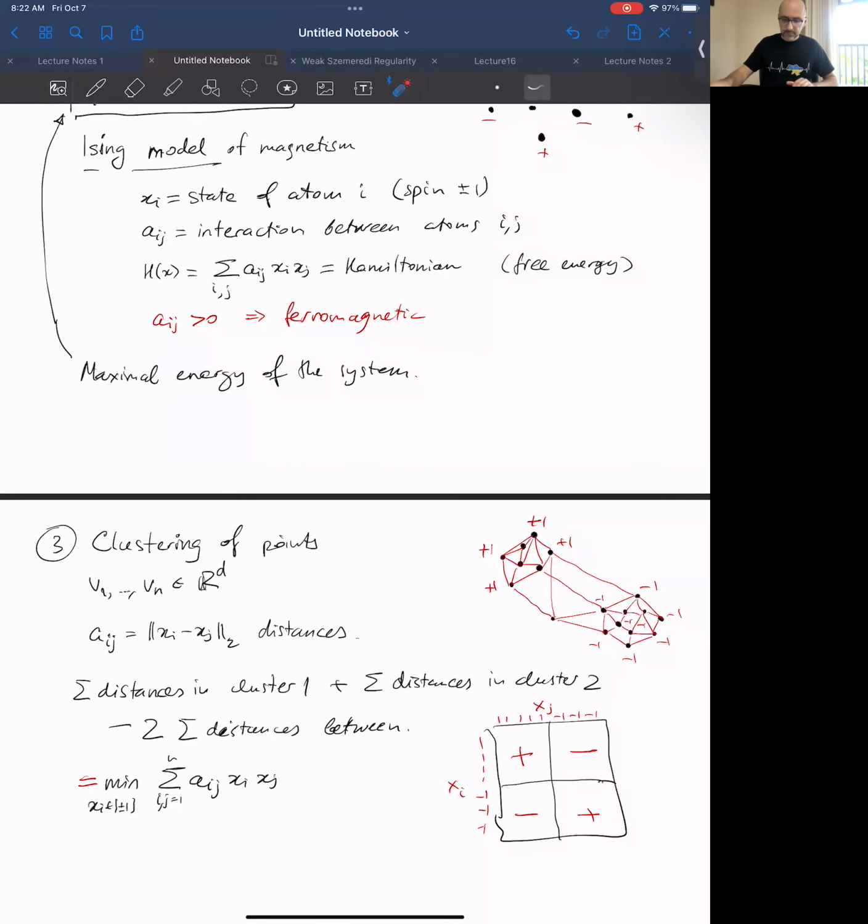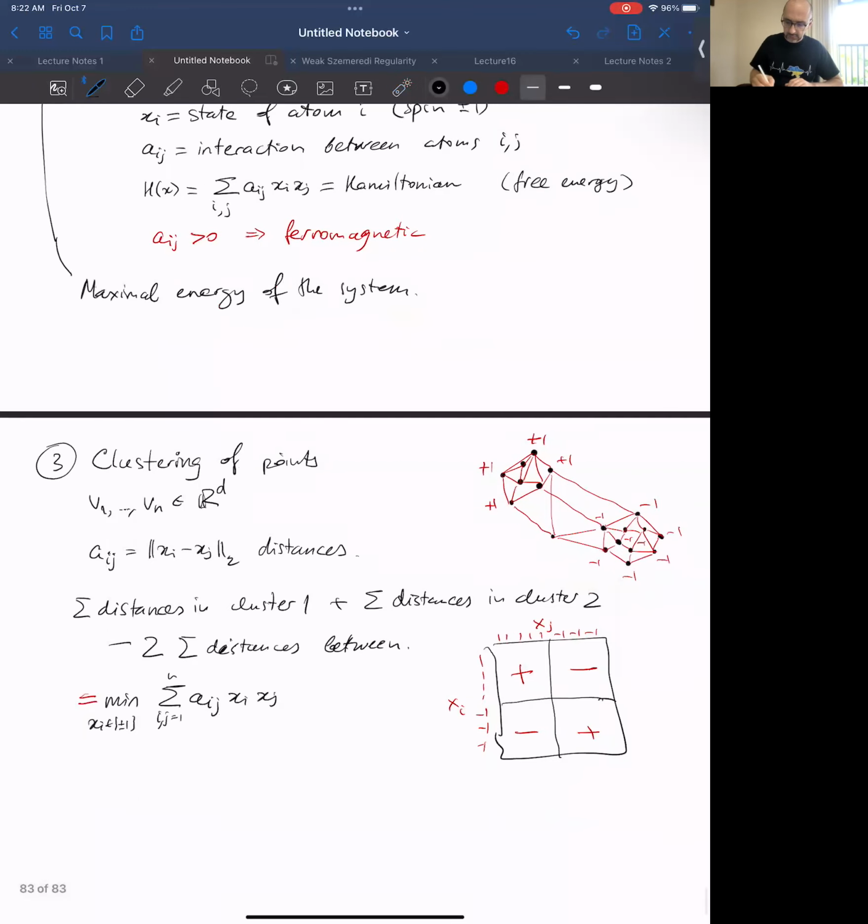Let me actually give you a reference. It's Frieze and Jerrum, who proposed this method in 1997 for many clusters.